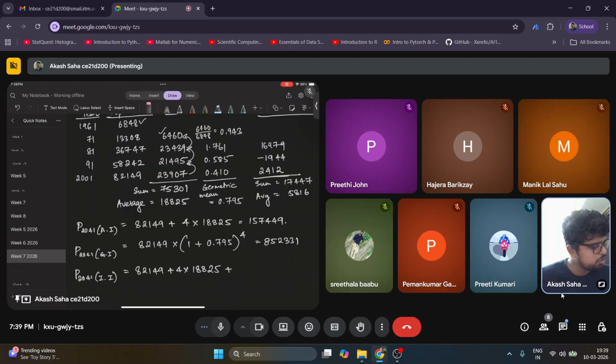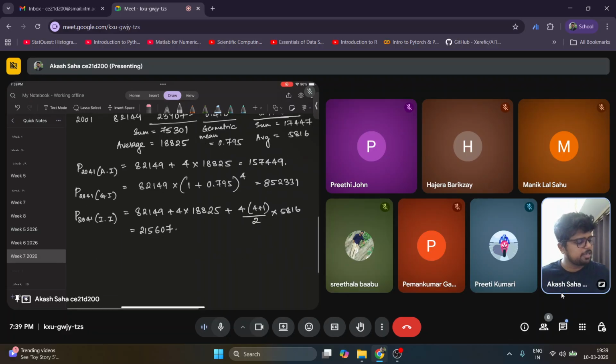Okay, so 4 into 4 plus 1 by 2 into the average of the incremental increase. So that is 5816. So we will get something around 215607.